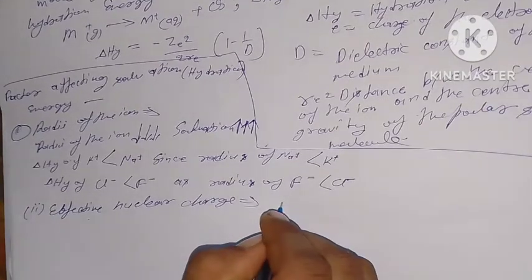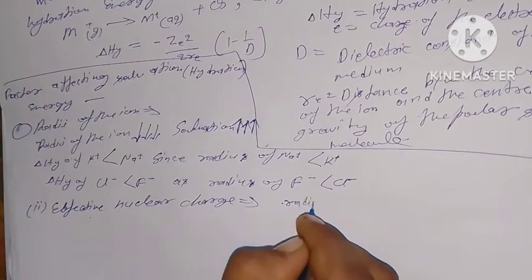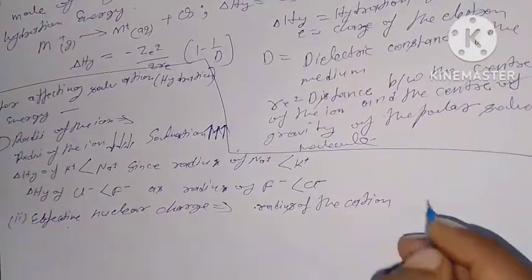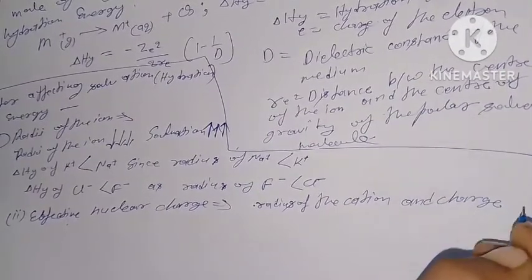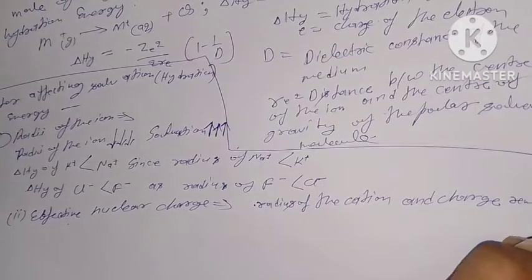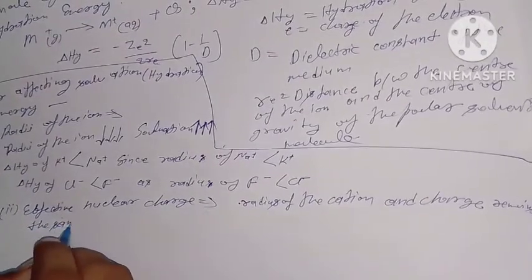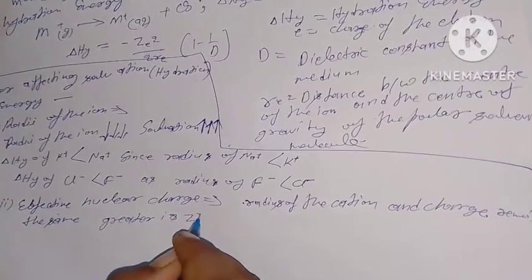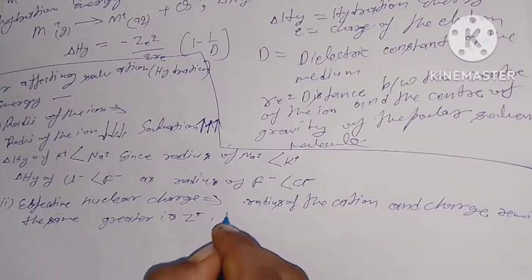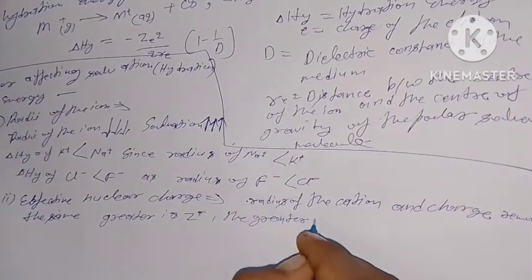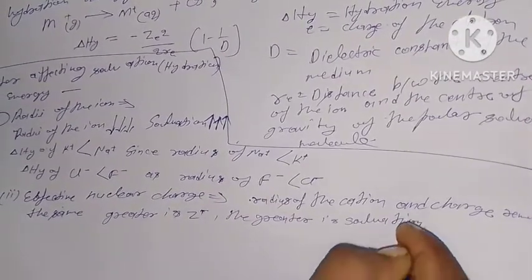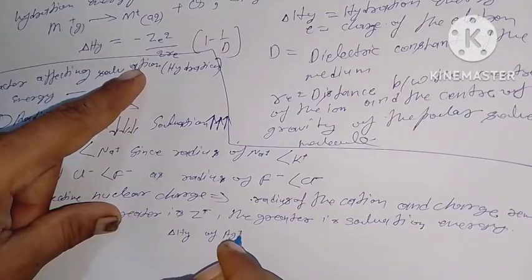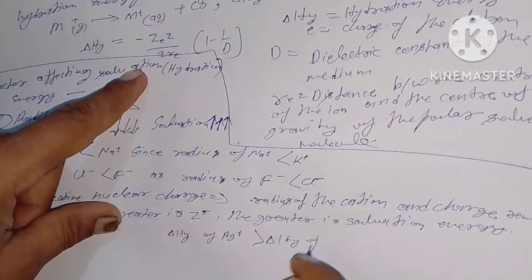That means delta H of silver positive ions is greater than delta H of potassium positive ions.